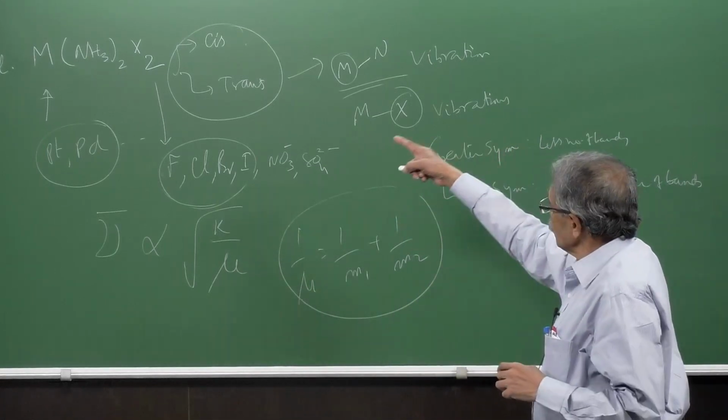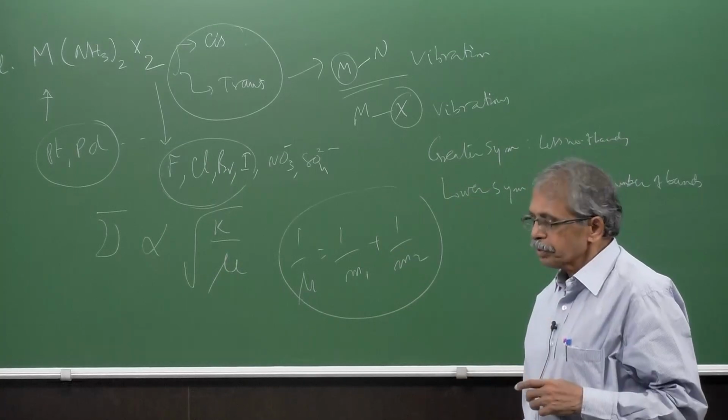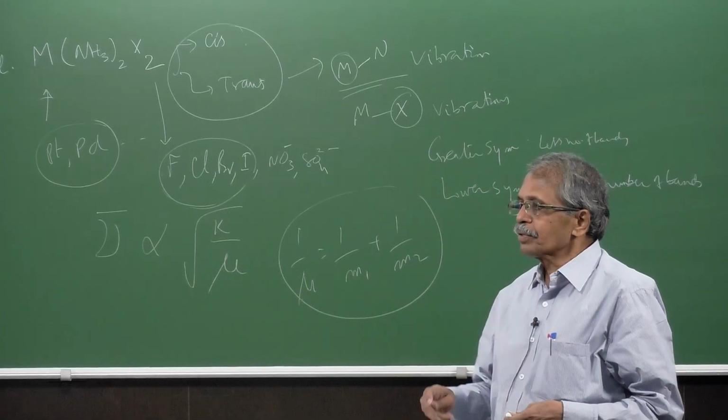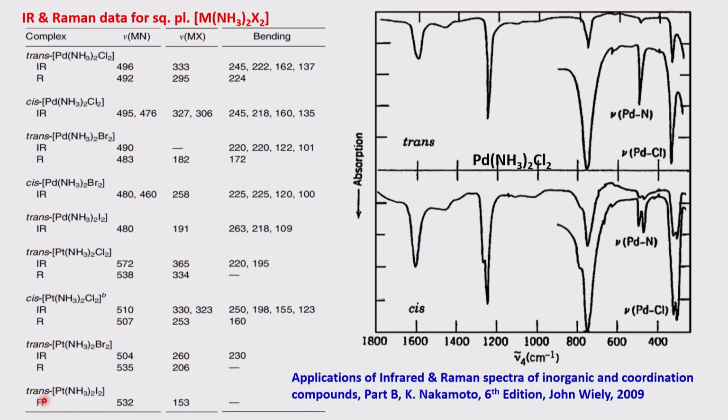So if you use these concepts which I mentioned, you can understand this table. Otherwise you think, do I need to mug up the table? No, you don't need to. You need to analyze the table in comparison. For example, here you have palladium with chloride, with the MN stretching frequency around 490.